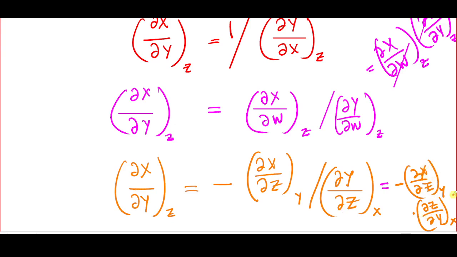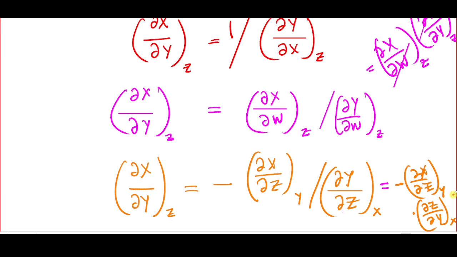This last version, in which z goes in the numerator, so to speak, of each of these partial derivatives, actually happens to be a very useful version for us, and it's going to be used several times in our examples. So these are the three basic properties of partial derivatives which we will need to invoke again and again when we reduce our partial derivatives to this final reduced form involving kappa T, alpha and Cp.